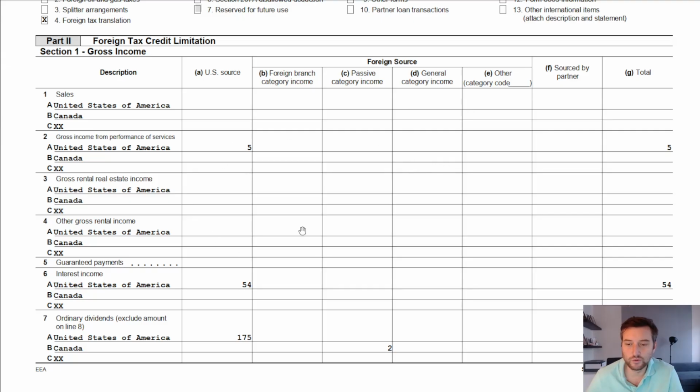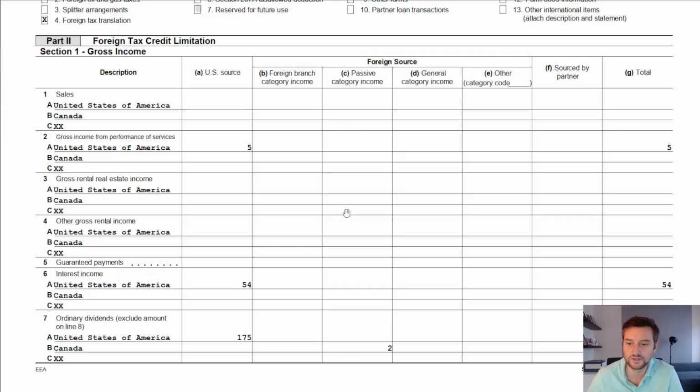The way this works is the partnership will basically provide more detail. They'll break out all the activity of the company and let you know the sourcing of all the income that's being passed through to you, right? Now, some partnerships provide more detail than others. This form is relatively new, so I think people are honestly still getting used to it.